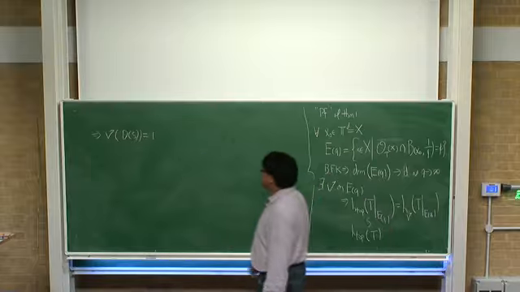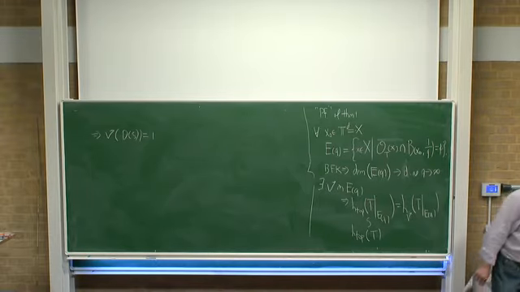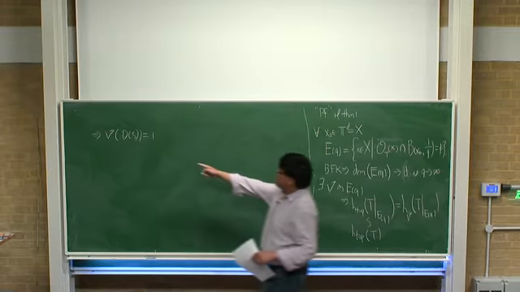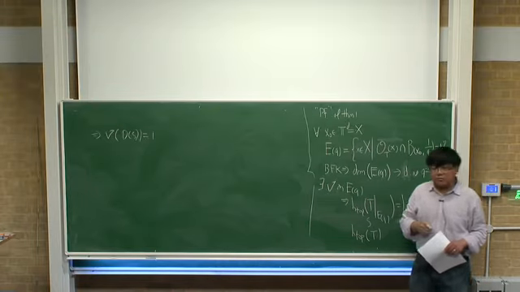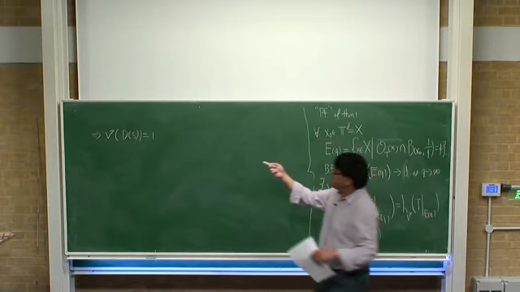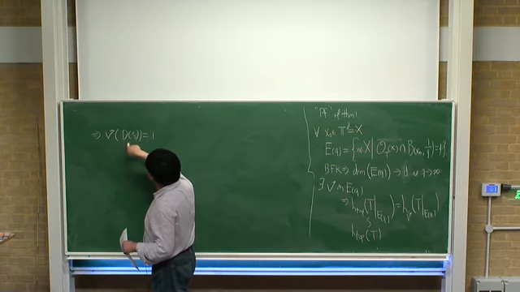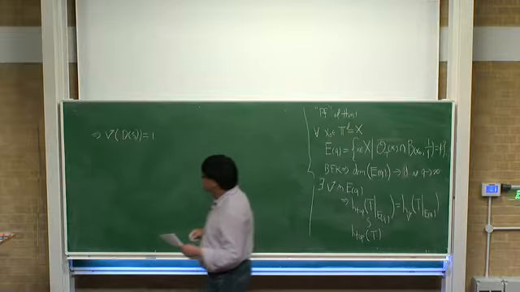So what do I need to do now? I have a measure supported on this fractal, and I know that the measure of the set that I want is full. So I need to convert this to a Hausdorff dimension result.